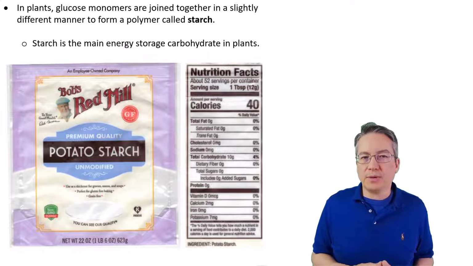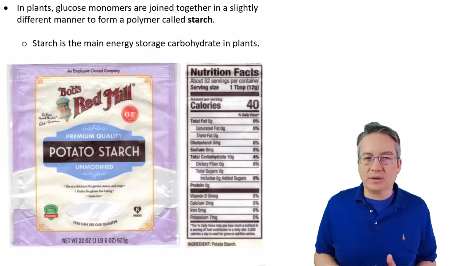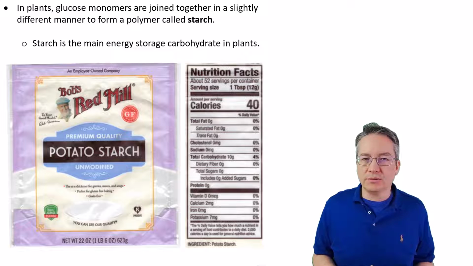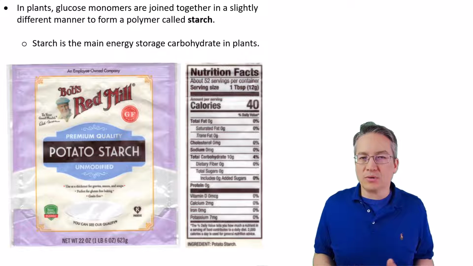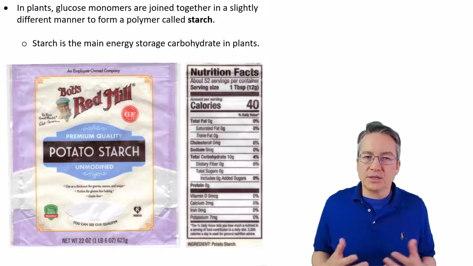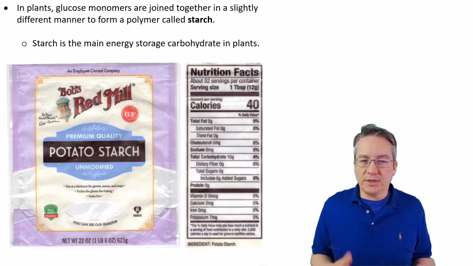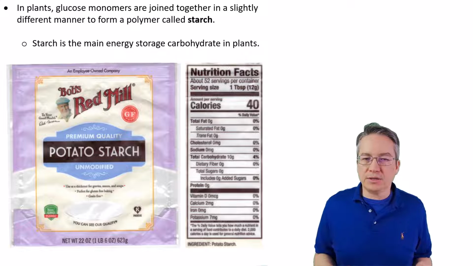Now, plants don't use glycogen. They use a different polymer of glucose. In plants, glucose monomers are joined together into a slightly different form to form a polymer called starch. Starch is the main energy storage carbohydrate in plants. For example, here I've scanned a picture of a bag of potato starch.